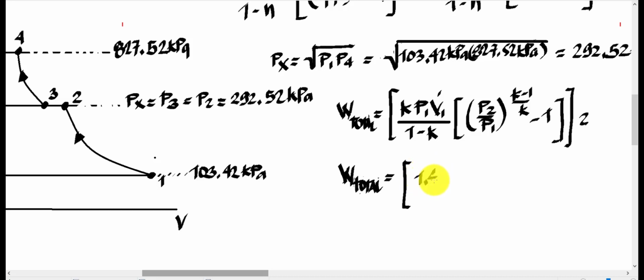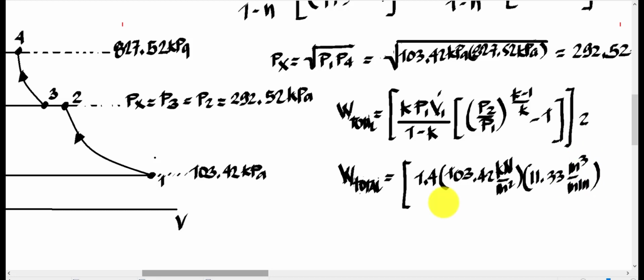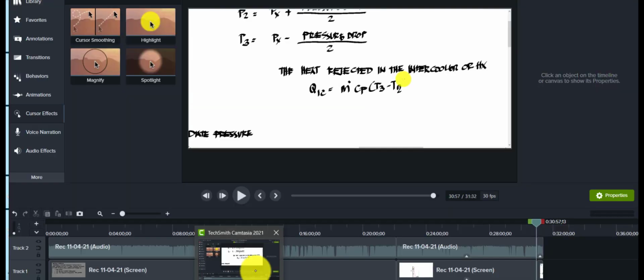So we have here 1.4 times the 103.42 kilonewton per square meter. Then I'm going to multiply by the volume flow rate V1, that will be 11.33 cubic meter per minute, divided by 1 minus 1.4.